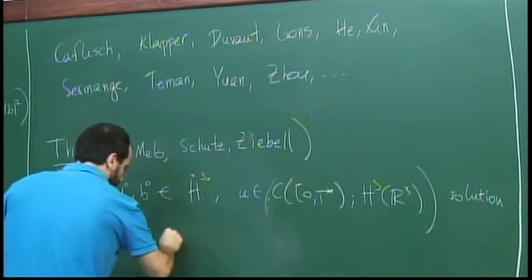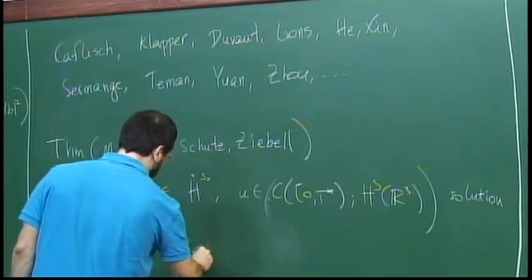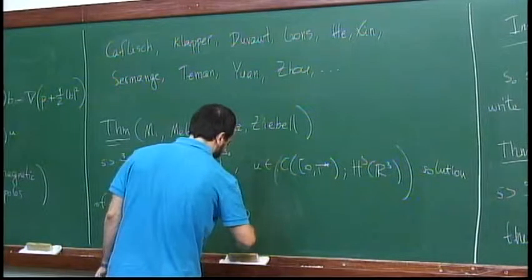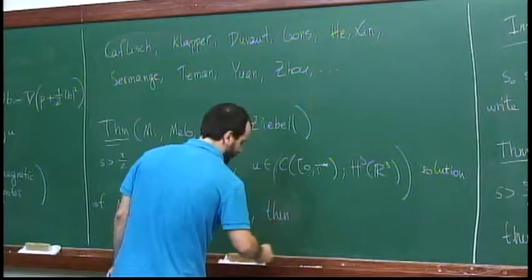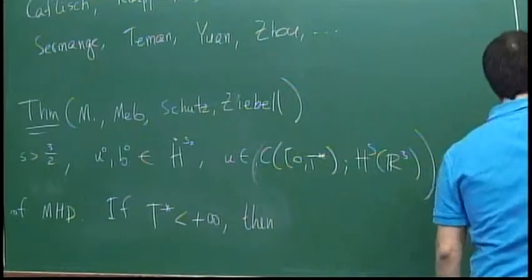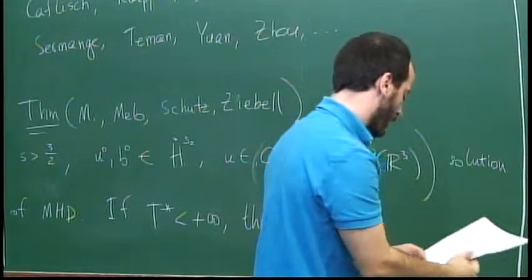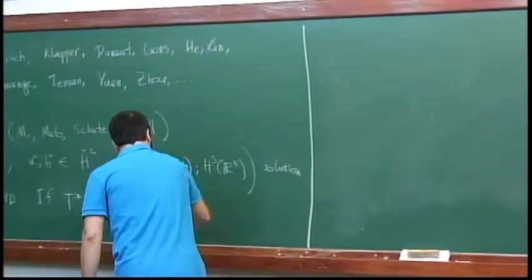So if the maximal time, T star always denotes the maximal time for which you have classical solutions, okay? If this maximal time is finite, then you obtain a blow-up criterion, as I mentioned before, that sort of interpolates between those two of Ben-Amer.